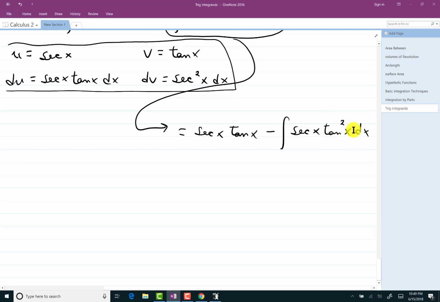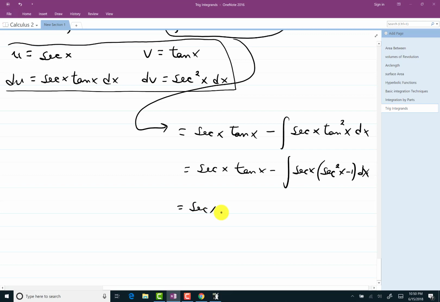This piece right here equals, tangent squared is secant squared of x minus 1. Okay, I'll do one more step.